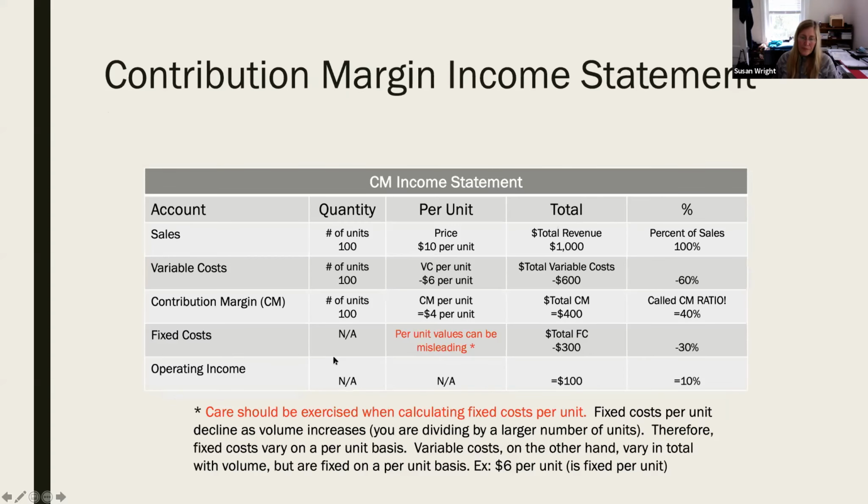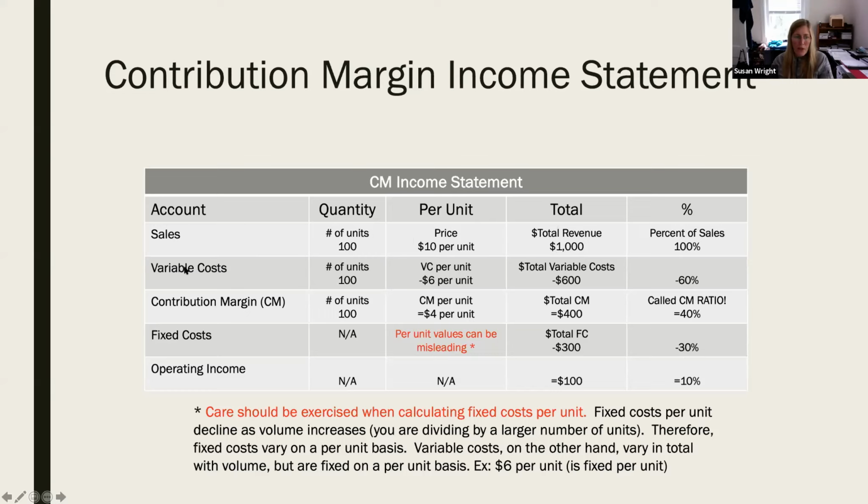Okay, so let's look at this contribution margin income statement. Sales, so we have a quantity of 100 units. So let's just assume we have one product at $10 a unit. So we multiply across, units times price is total revenue. I'll talk about this percentage in a second.